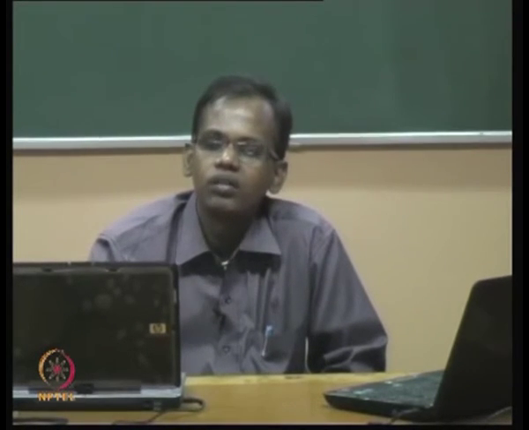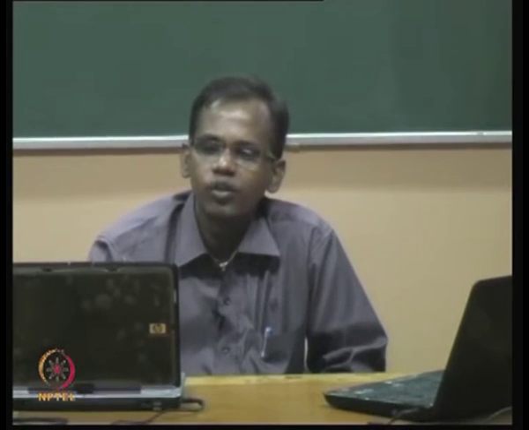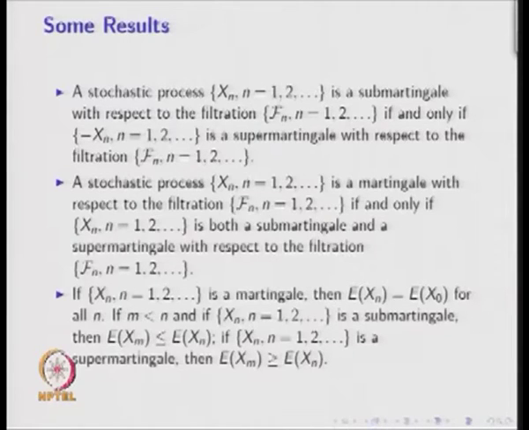Whenever you have a submartingale, you can always convert it into a supermartingale with the minus sign. Or if you have a stochastic process with the supermartingale property satisfied, then you can convert this stochastic process into a submartingale by changing the sign.